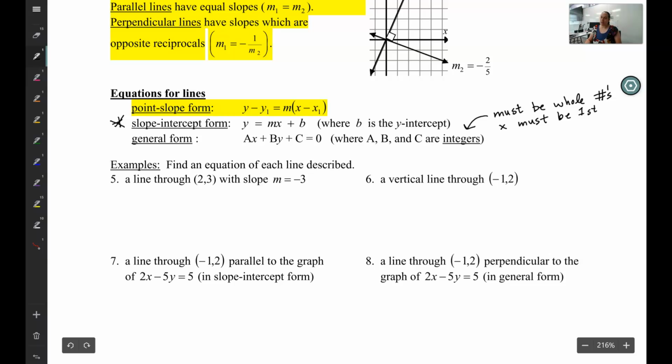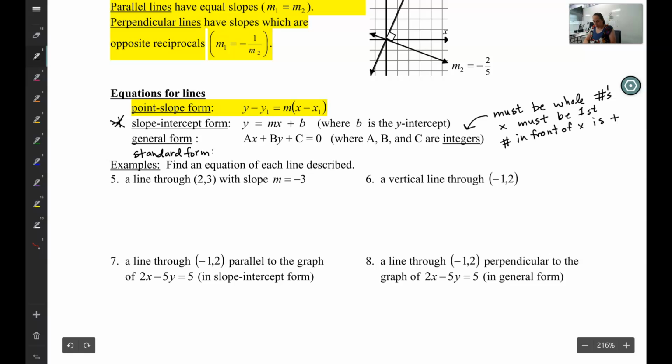And the last one is a general rule. Not everyone does this, but like 90% of the time, this is probably just a safe bet. Your coefficient in front of the x should be positive. So the number or coefficient in front of x is positive, not negative.